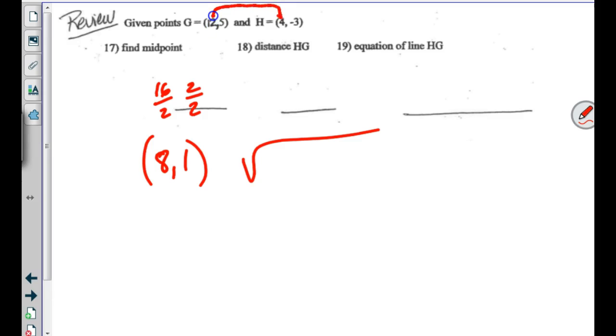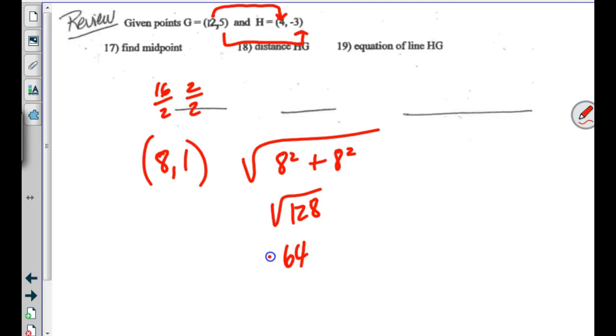How far apart are 12 and 4? And how far apart are 5 and -3? So you'd have 64 and 64 is square root of 128, or 64 times 2, so 8 square roots of 2. Equation of the line, what do you have to start with?